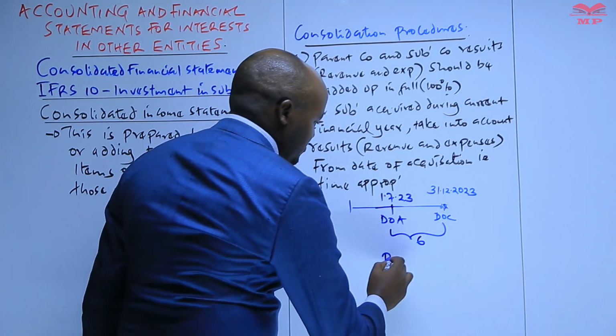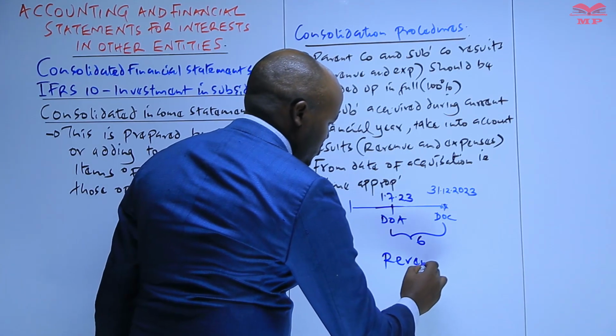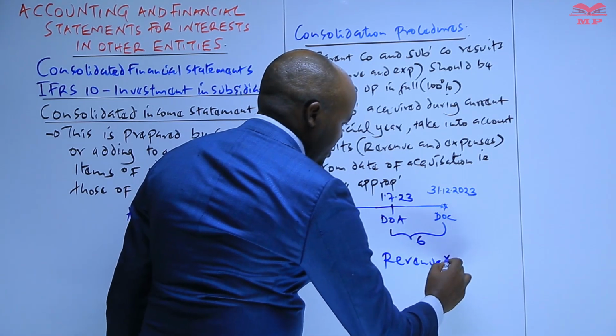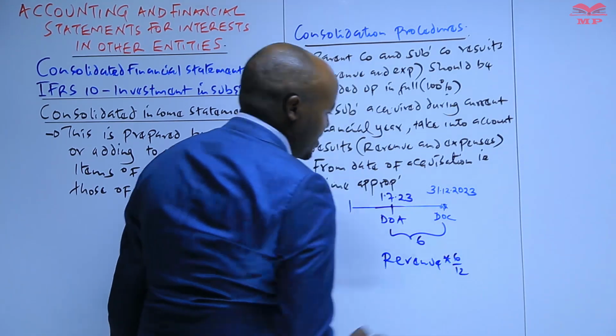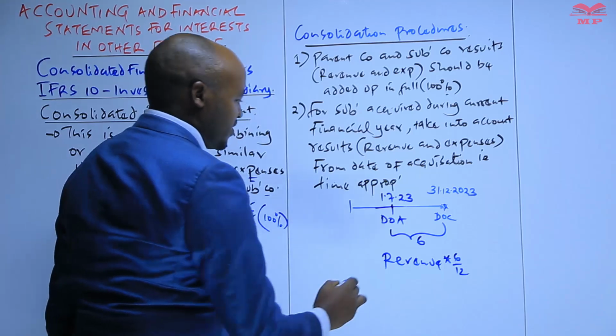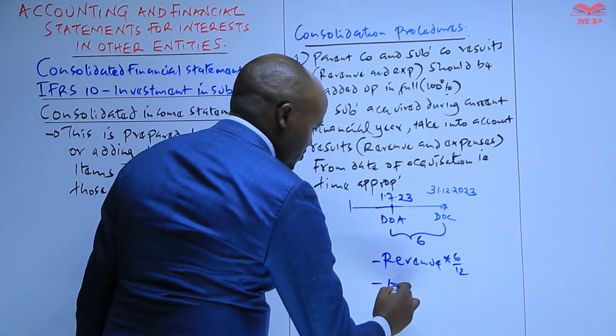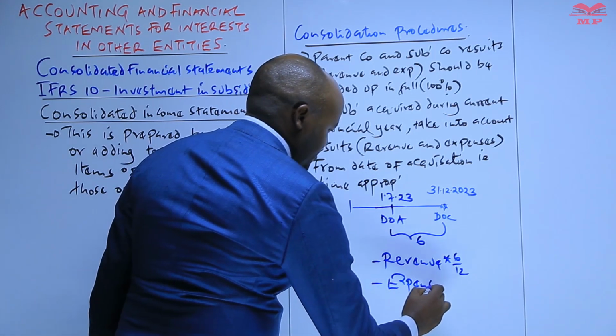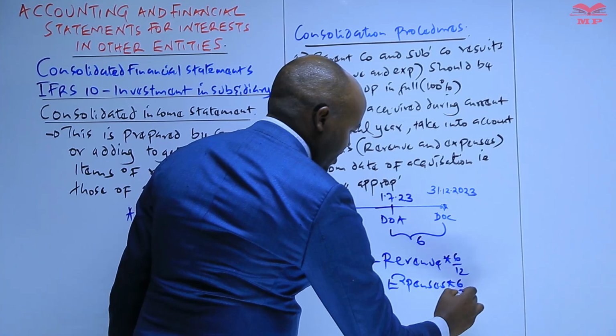So basically what that means is that when taking into account the revenue of the subsidiary, we only take the revenue for 6 months. We take the revenue of the subsidiary times 6 over 12, and then that will also apply to the expenses of what? Of the subsidiary.